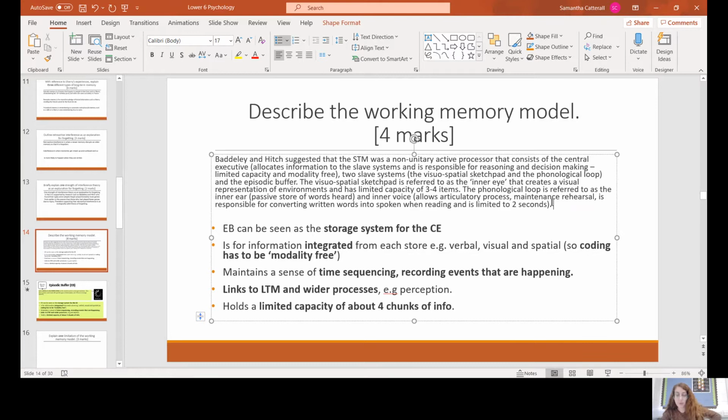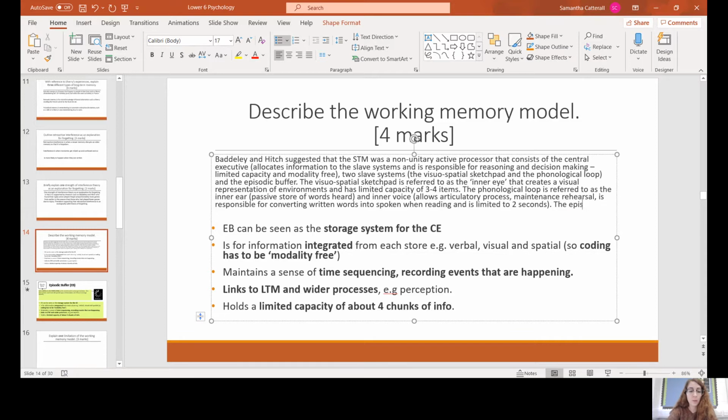You can also mention the allocation of resources and divided attention and Baddeley's experiments into that. But again, you don't really need to, because you can get the 4 marks by just putting the first bit. I will add the episodic buffer on just so that you can see how to word it, and then that'll be the full answer.